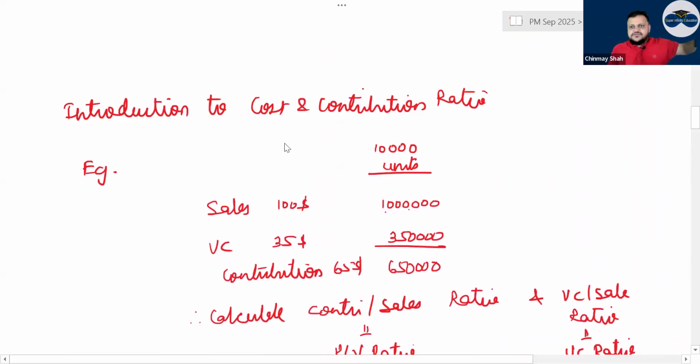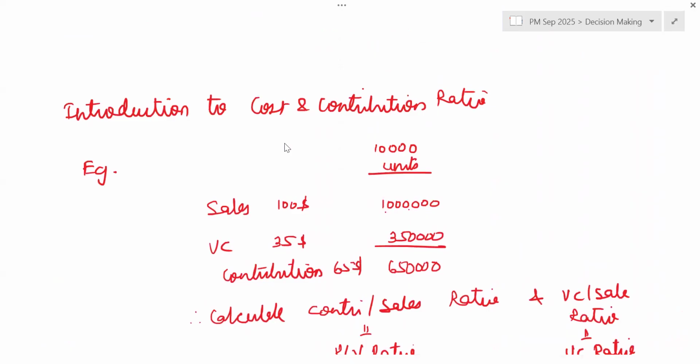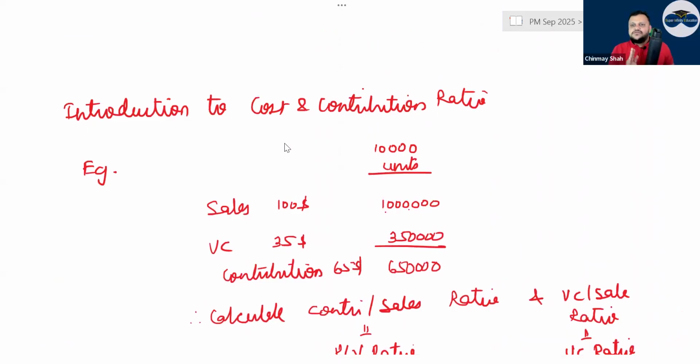Let's say I'm doing business of manufacturing this bottle. $100 is the sale, and to make it, $35 is the variable cost. That means $35 is what I require to make this bottle.